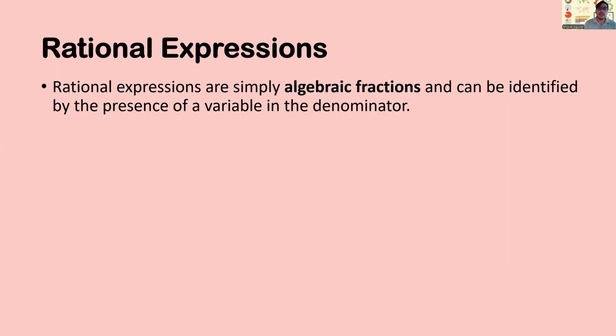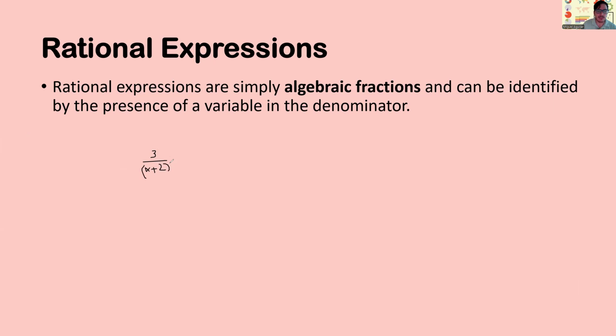Okay. A rational expression. A rational expression is just an algebraic fraction, and it can be identified by the presence of a variable in the denominator. If you guys remember when we started talking about is this function a polynomial or not, there was one example in the previous PowerPoint where I gave you the function that had like 3 over x plus 2, and then I think I squared it.